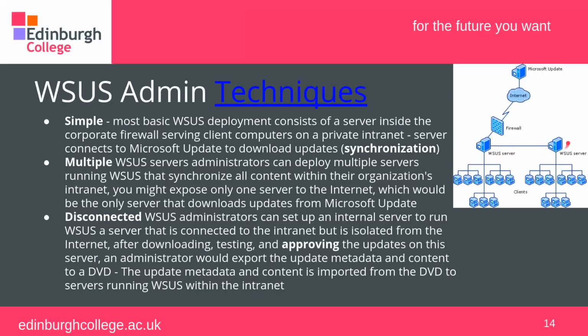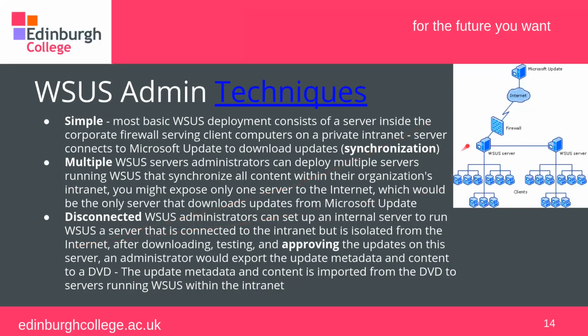So a couple of servers, one of them connects to Windows Update, then we have our clients here, and we can choose to synchronize and then approve updates out to the network. The third way is a disconnected WSUS setup where we actually have the Windows update server off of the network.